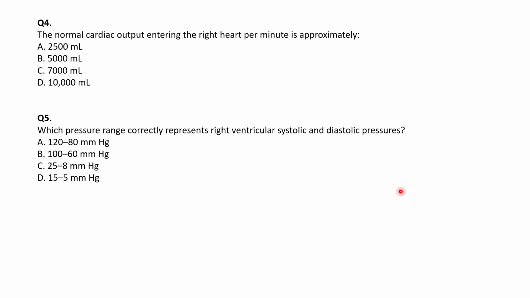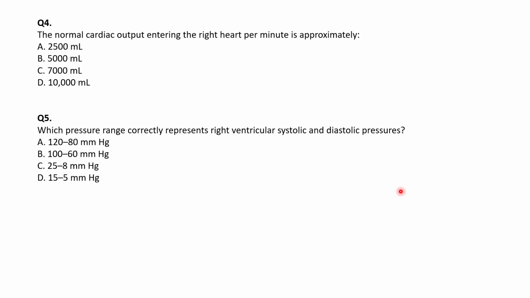So what is that? If 25/8 is right ventricular systolic and diastolic, what is this 120 by 80? Sorry, the 120 is your systolic arterial pressure.